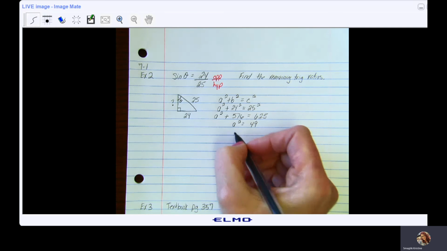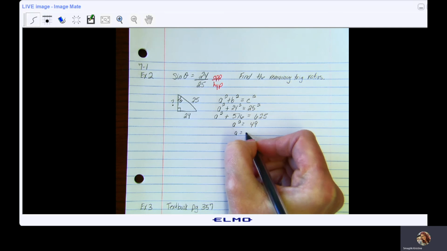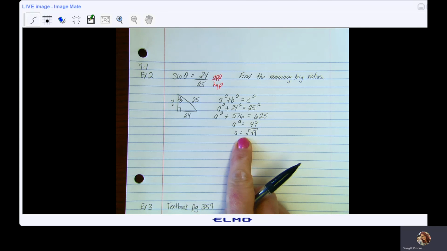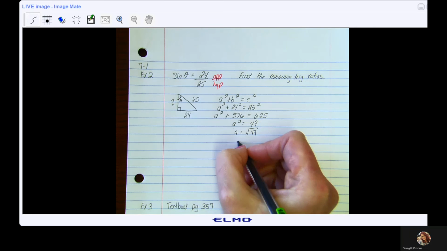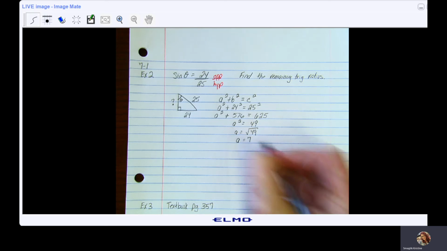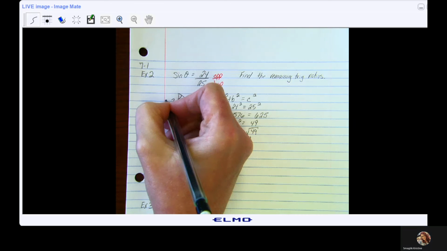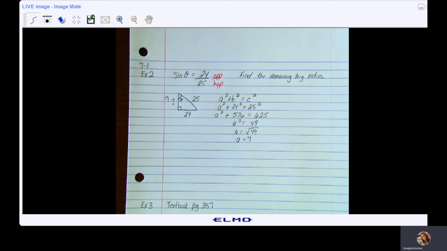We'll take the square root of both sides, equals the square root of 49. And notice I didn't do plus minus here. We're looking for distance, so we're looking for the principal square root, always going to be positive. A equals 7. So that means this side is 7.